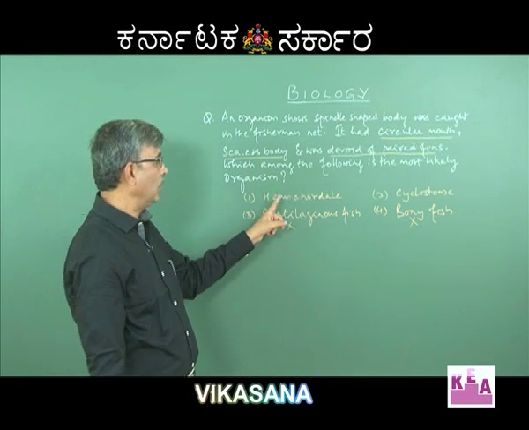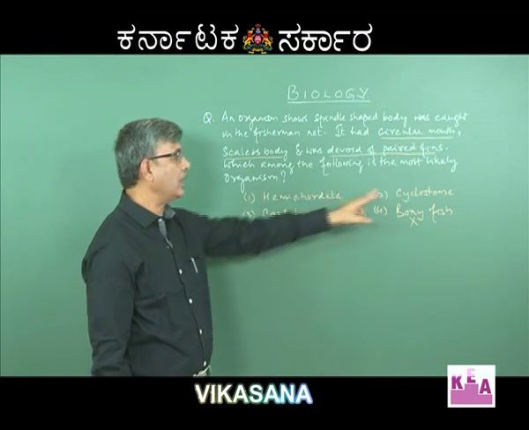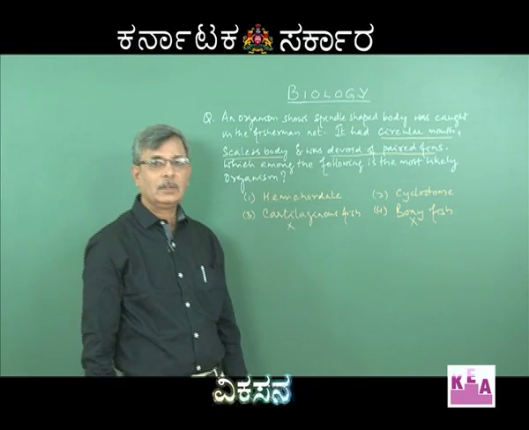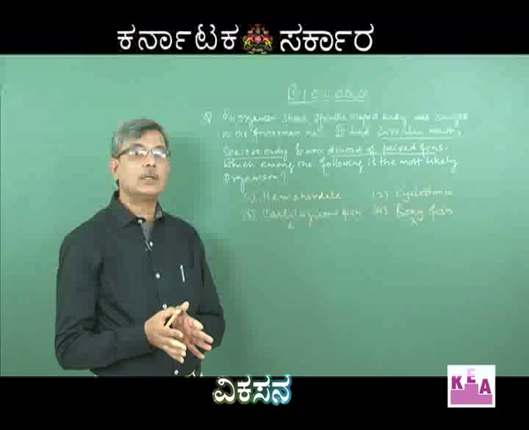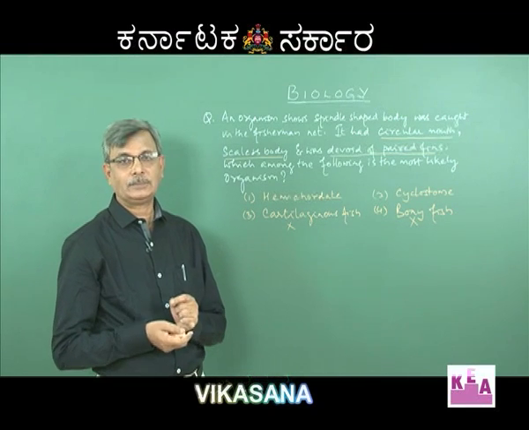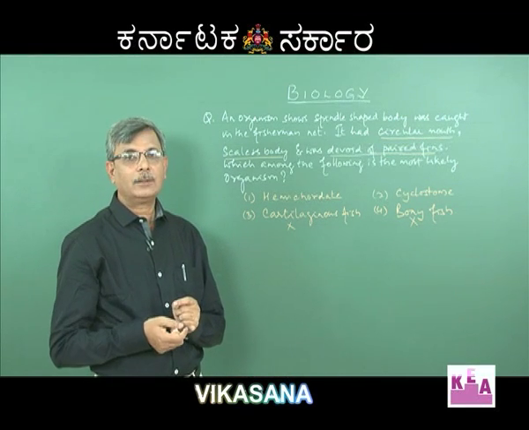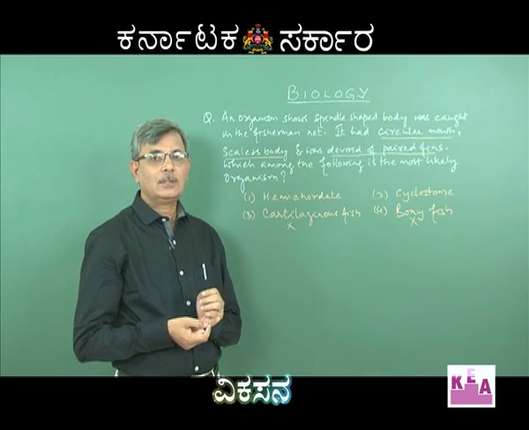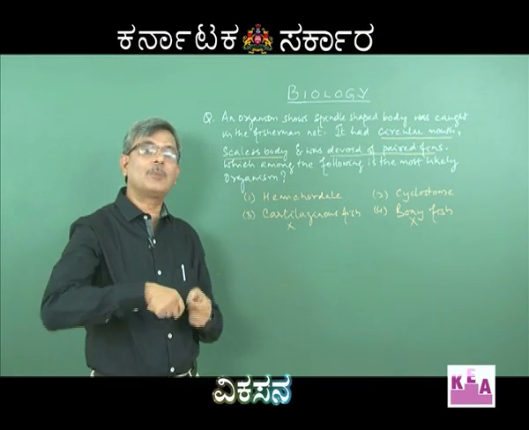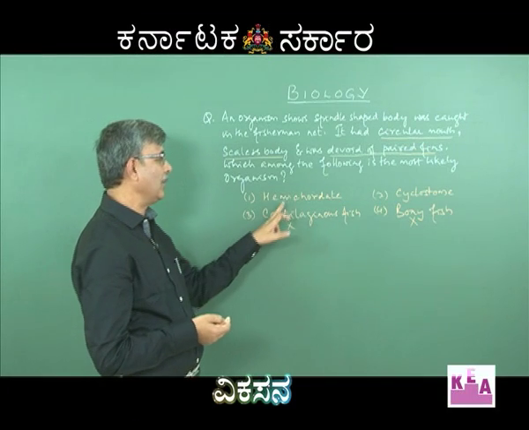So now we look at Hemichordata and Cyclostomata. Hemichordata is an invertebrate phylum. You remember you have studied Balanoglossus, where the body is elongated and worm-like. So even this is not an answer.